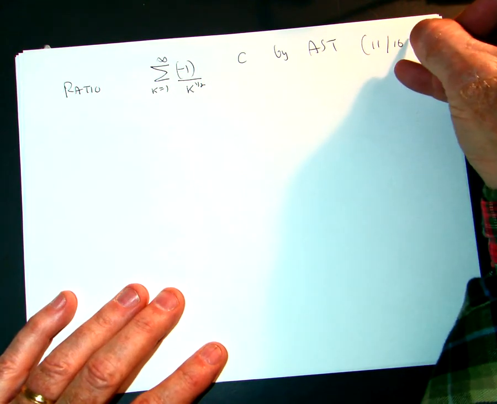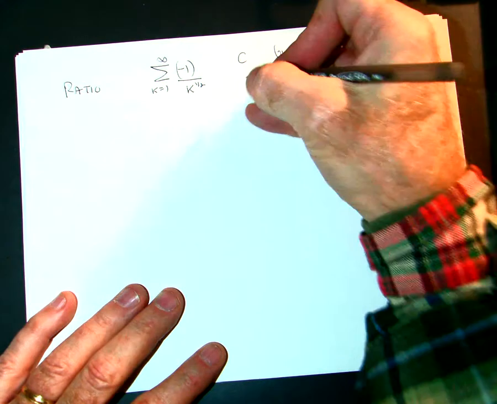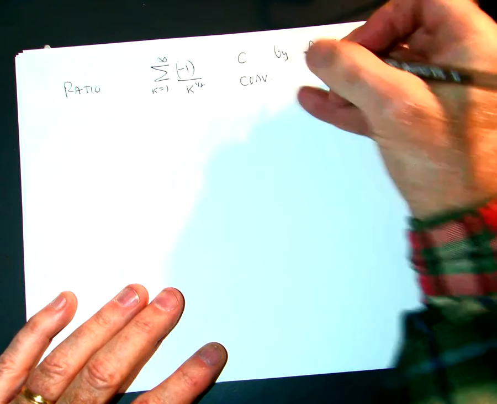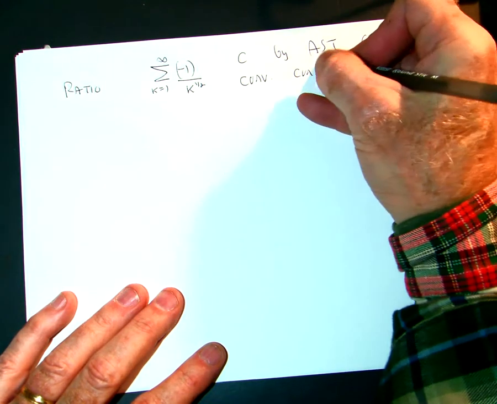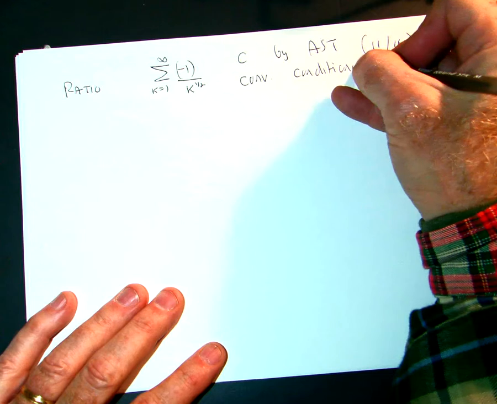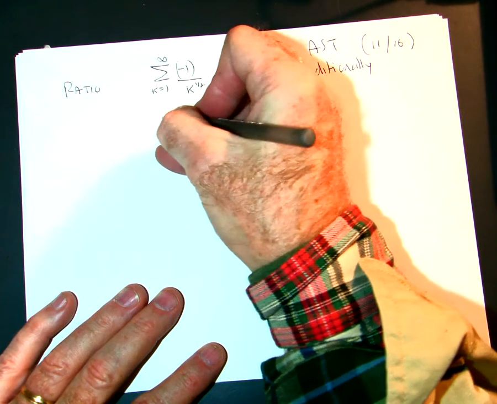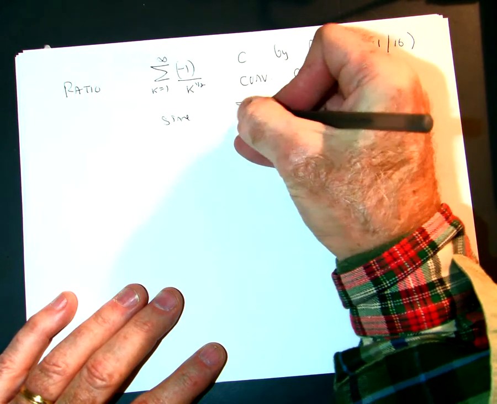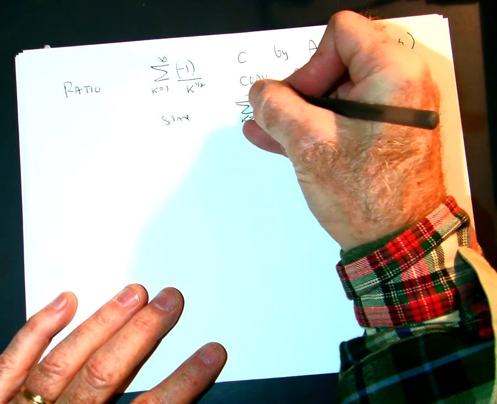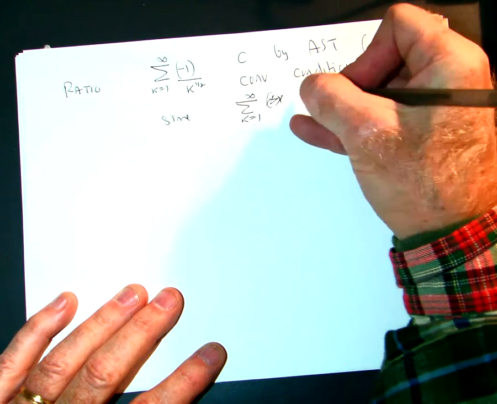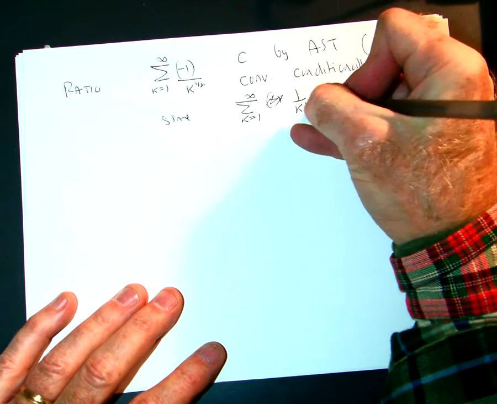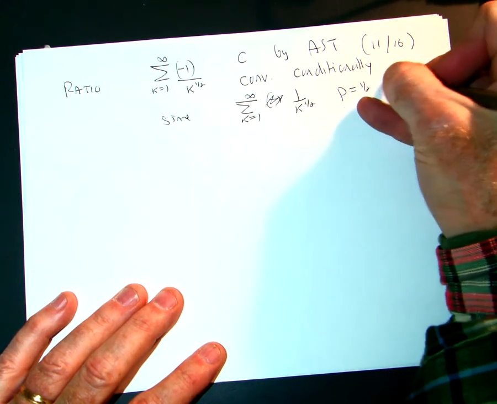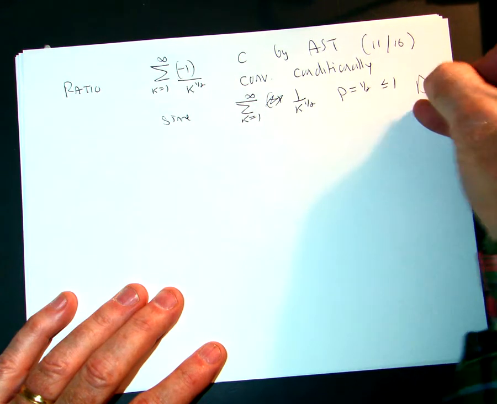And it converges conditionally, which we talked about, since for this series p is equal to 1/2, less than or equal to 1, so that diverges.